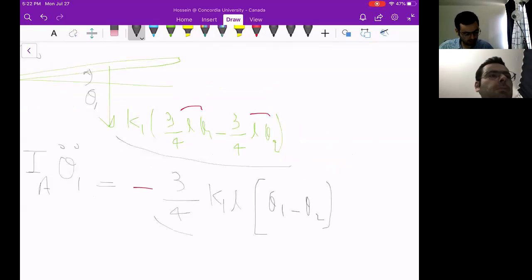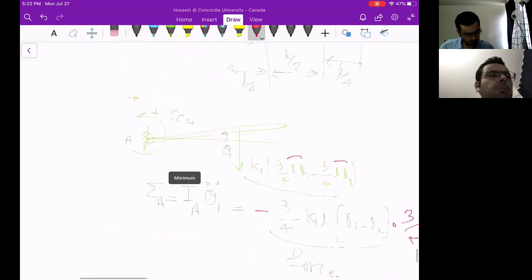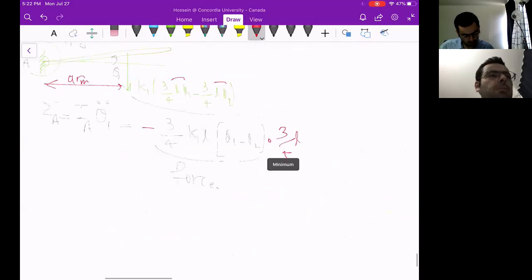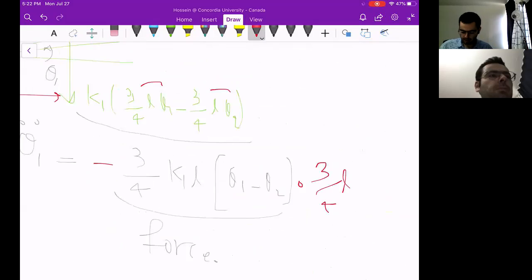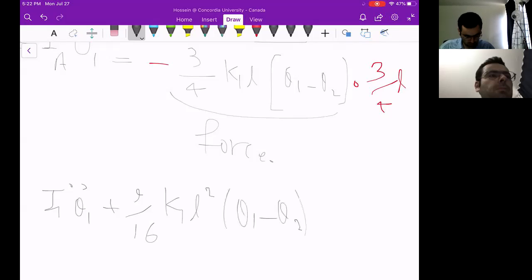So this is the force multiplied by the arm, which is 3/4 multiplied by L. Therefore, the first equation of motion would be I1 theta double dot 1 plus 9/16 K1 L squared theta 1 minus theta 2 equal to 0.